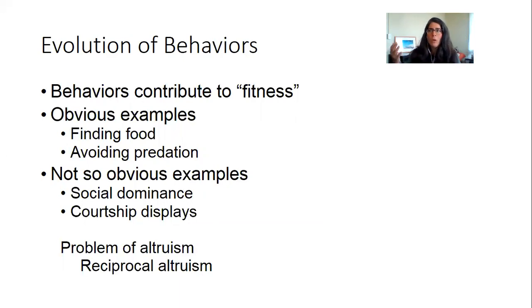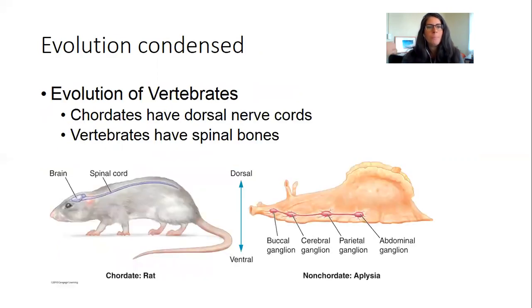That alarm call will alert the predator to where that member of the species is. However, they do that to alert other members of the species that there's a predator there. So we'll talk about how that can possibly contribute to fitness, even though that behavior could potentially be detrimental to the individual organism. Again, evolution is less concerned about the individual or the entire species, but we'll talk about that in a bit. So let's look at evolution condensed.